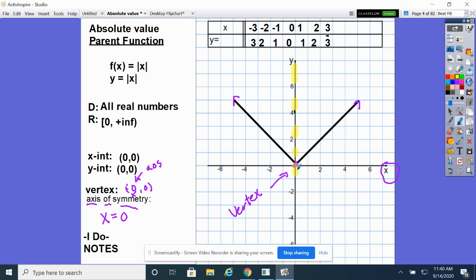See, it folds right through the vertex at x equals 0. And this side of the graph would match perfectly this side of the graph. It's kind of like a heart, right? If we folded a heart, it would line up perfectly when we fold it. And that's what we want with these V's. So where you fold it, that is the axis of symmetry.